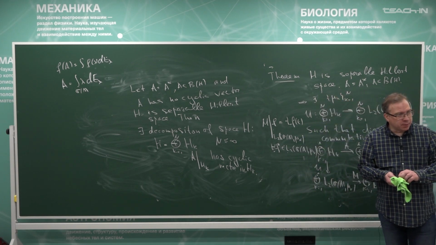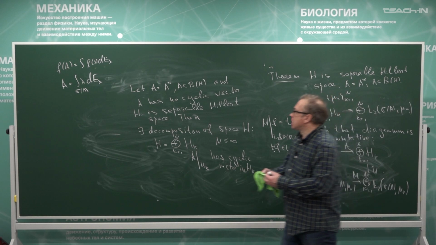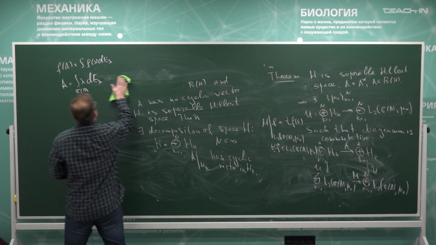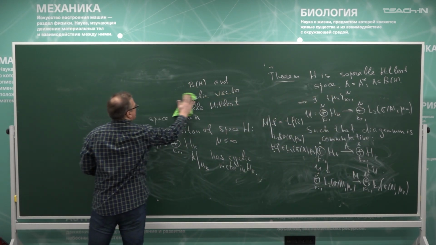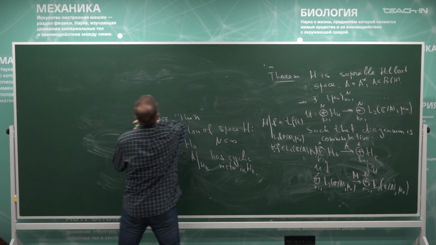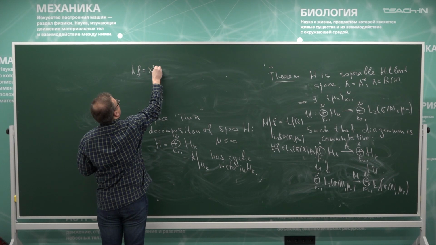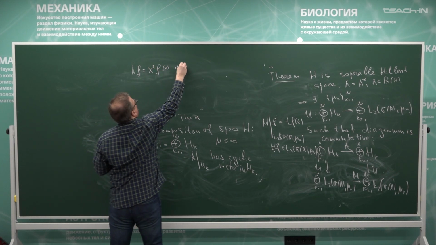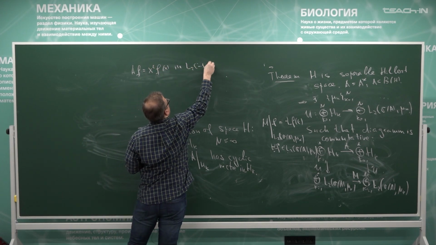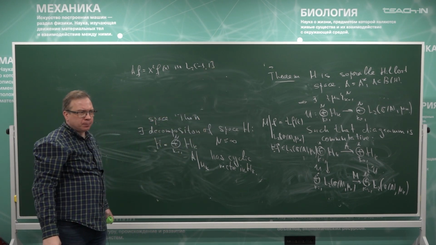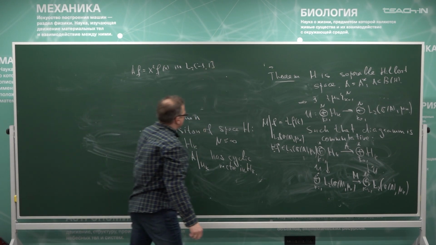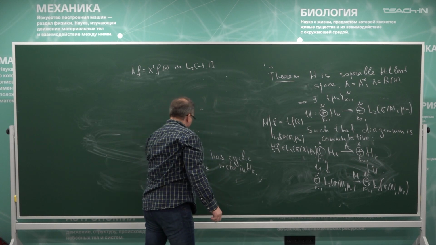So that's again examples, yes? That's again an example. We can consider the operator A, A f equals x square f(x), but in L2 on [-1, 1].